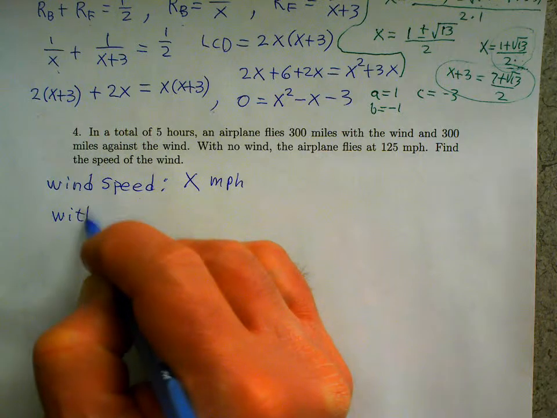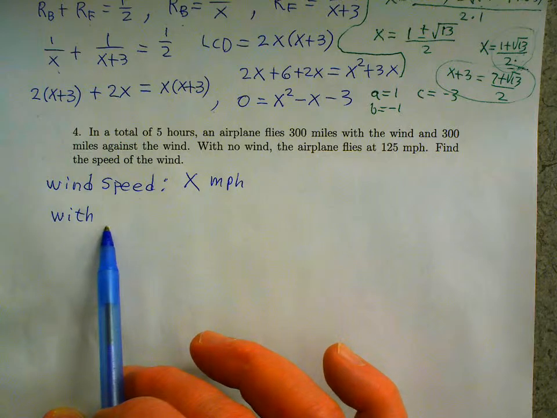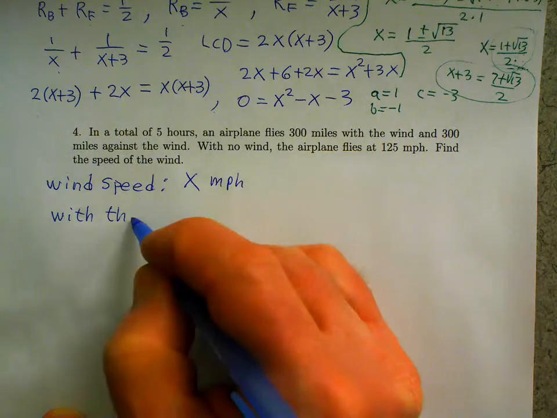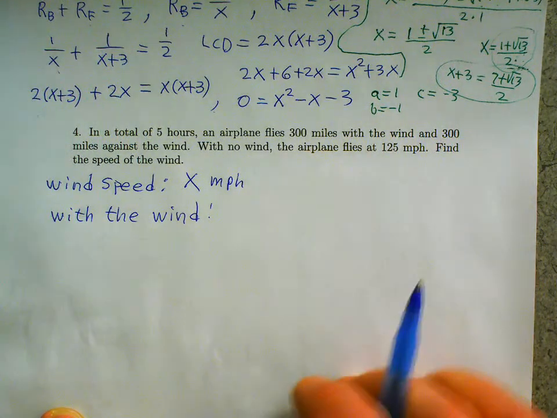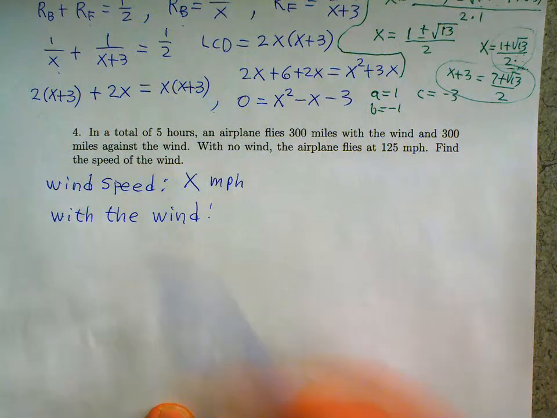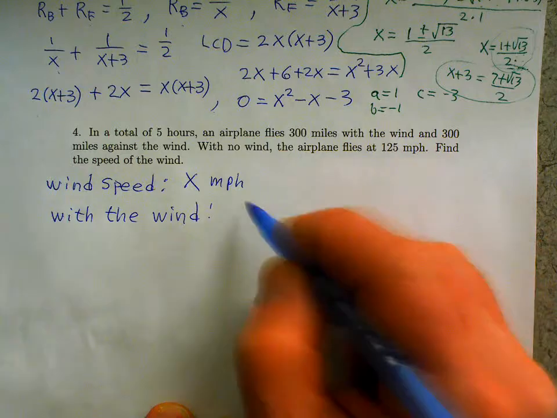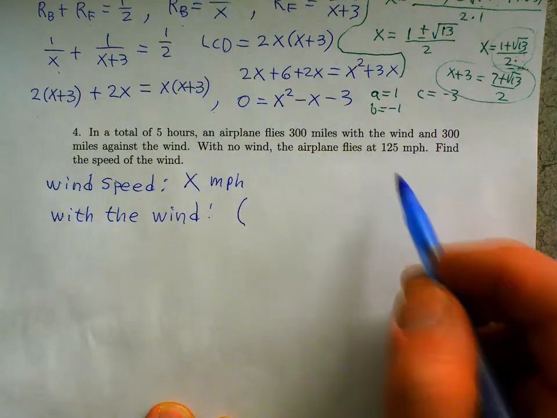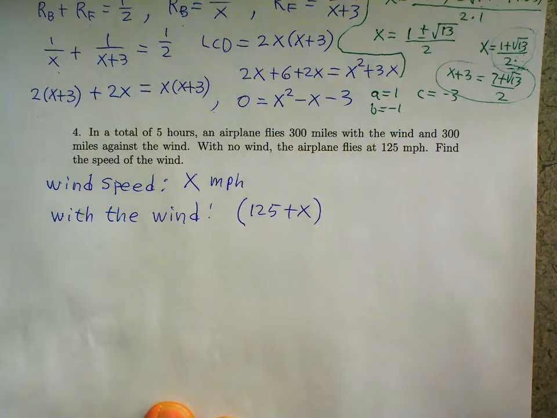And then there are two scenarios described. The airplane flies with the wind, and then it flies against the wind. So with the wind, the airplane will be traveling at 125 plus x miles per hour.